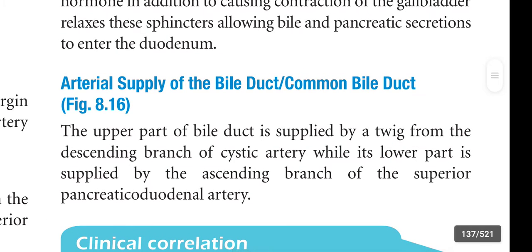Arterial supply of the bile duct or common bile duct: the upper part of the bile duct is supplied by a twig from the descending branch of the cystic artery, while its lower part is supplied by the ascending branch of the superior pancreaticoduodenal artery.